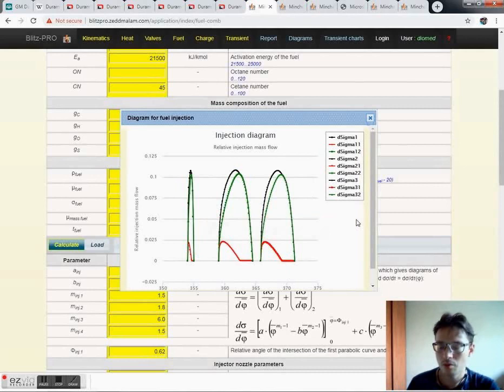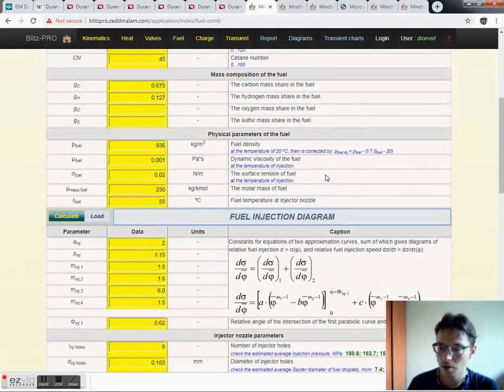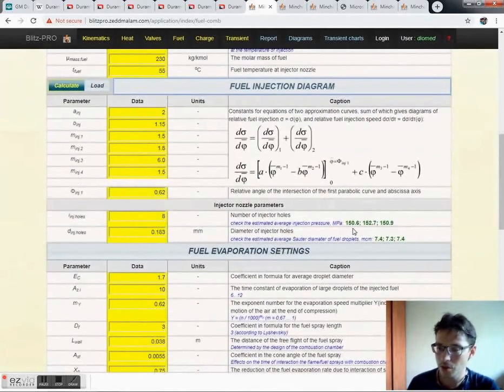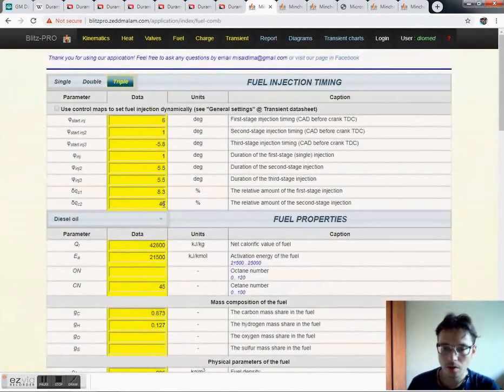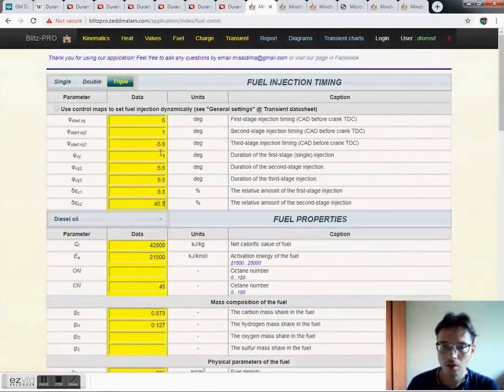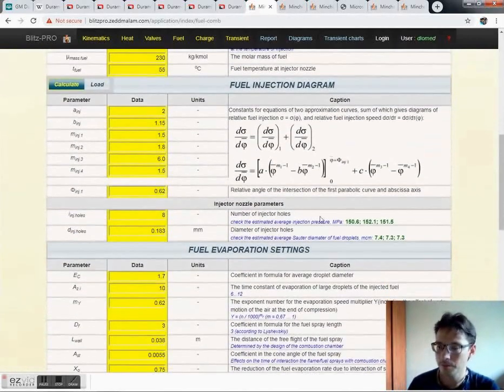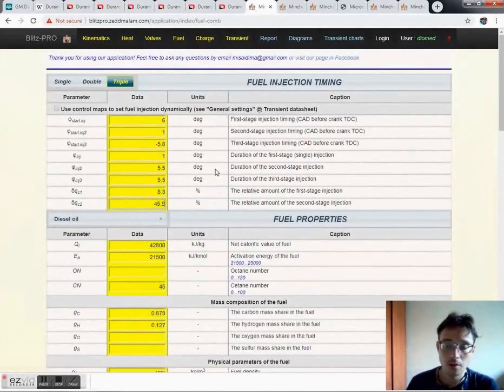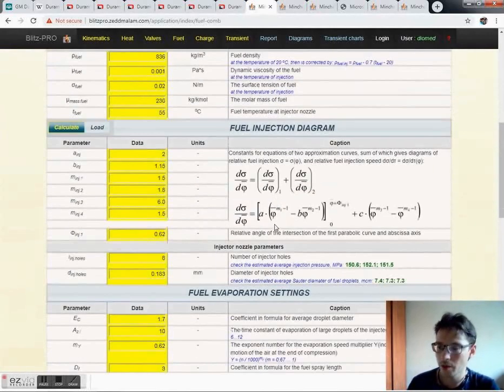Okay, let's see the pressures. Okay, we can see that we can just adjust the pressures a little bit just to make them equal. Oh, they are almost equal. Okay, so let's see what we will get using this triple injection.